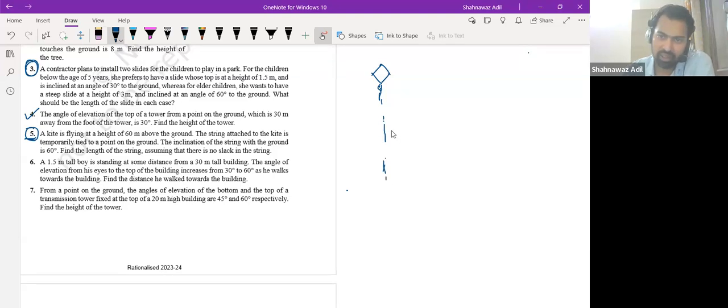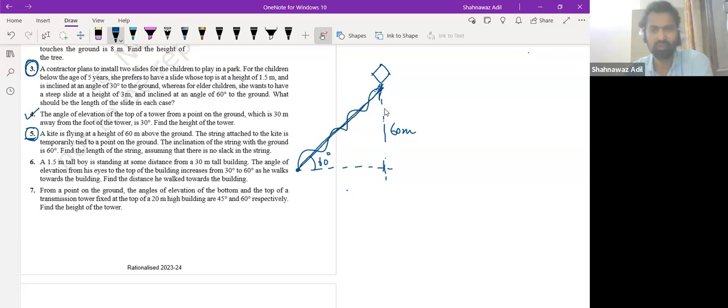The string attached to the kite is temporarily tied to a point on the ground. This is the point to which the kite is attached. The inclination of the string with the ground is 60 degrees. Find the length of the string, assuming that there is no slack in the string. So this is not a loose string, it is a very tight string.